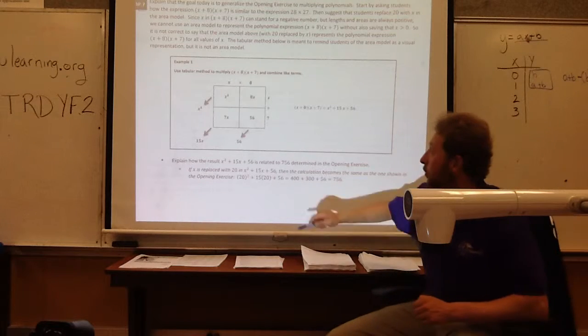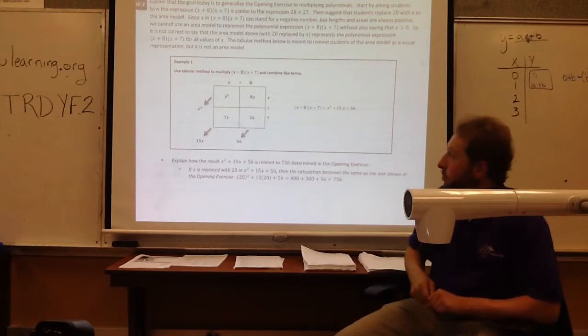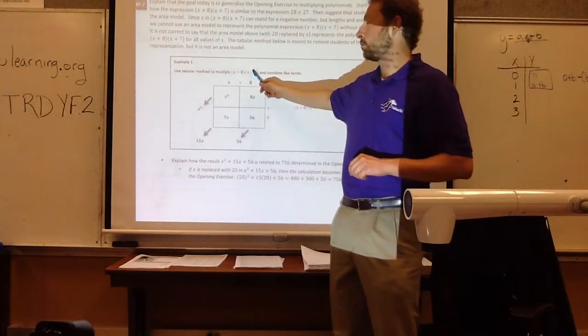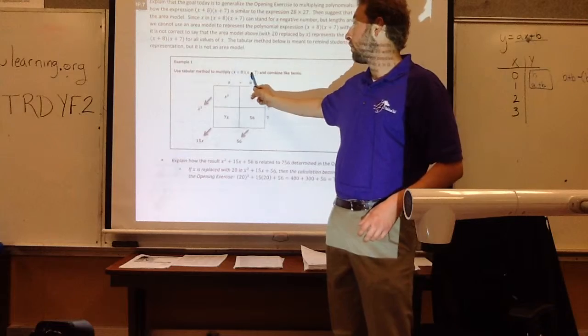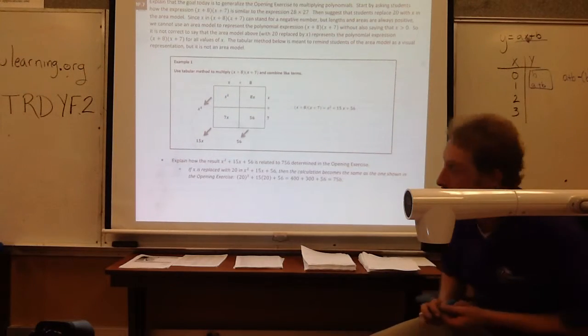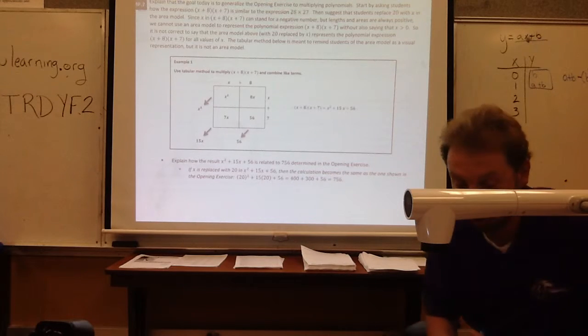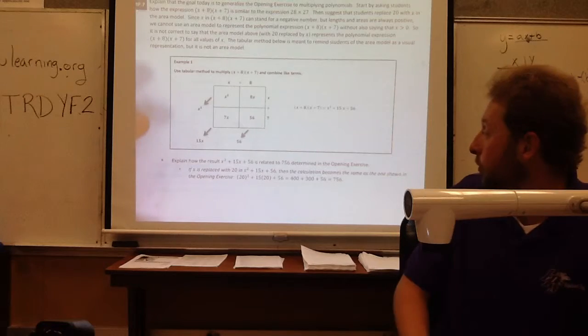In example 1, we're going to use the tabular method to multiply x plus 8 and x plus 7, two binomials. So we're multiplying two binomials. A binomial is a polynomial, so this is multiplying polynomials.